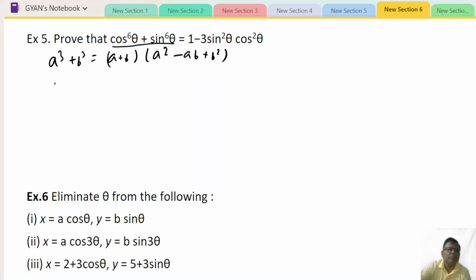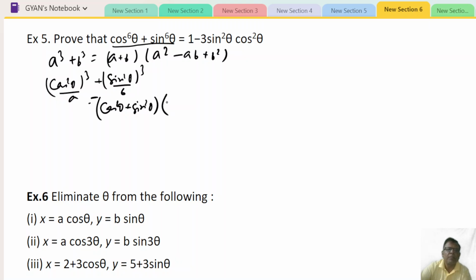This is the same, you can write cos square theta the whole cube plus sin square theta the whole cube. This is a, this is b. So cos square theta plus sin square theta multiplied by cos 4 theta minus cos square theta sin square theta plus sin 4 theta.